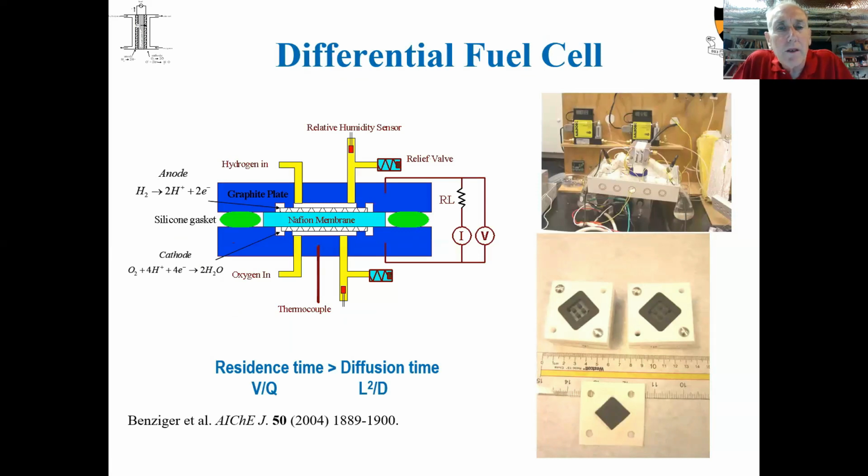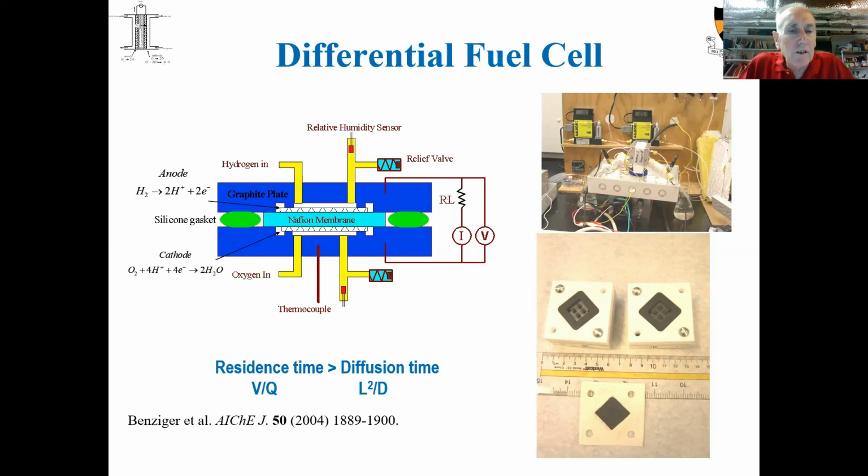So we came up with the idea of, in order to do these studies, a differential fuel cell. For the differential fuel cell, what we did is we got rid of the flow channels and had an open plenum at both the anode and the cathode.